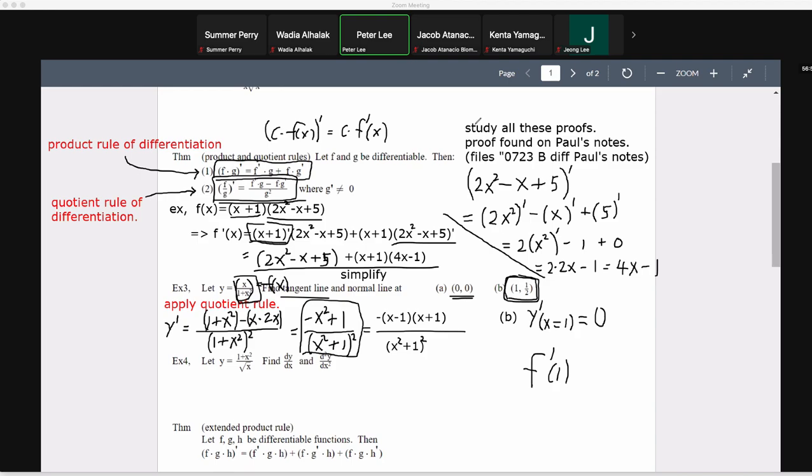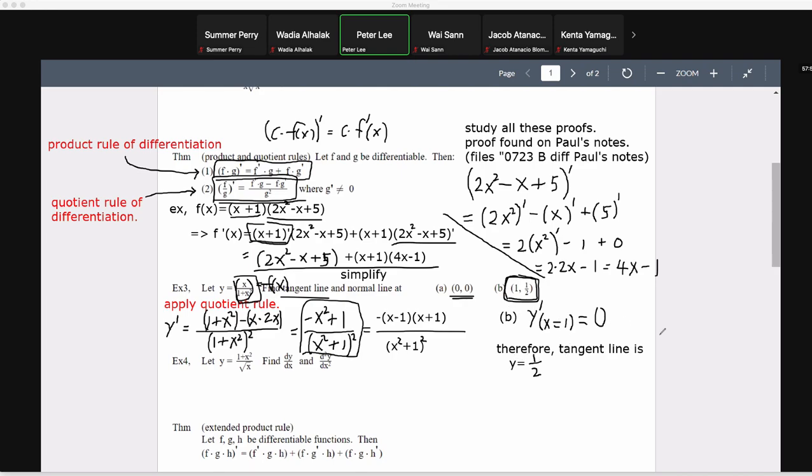Y equals half, you're right. The tangent line is y is equal to half. So basically the slope is 0, but it passes through the point 1 comma half. So there's the tangent line.